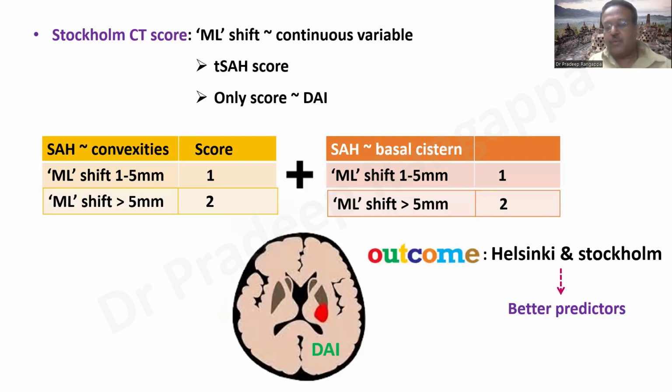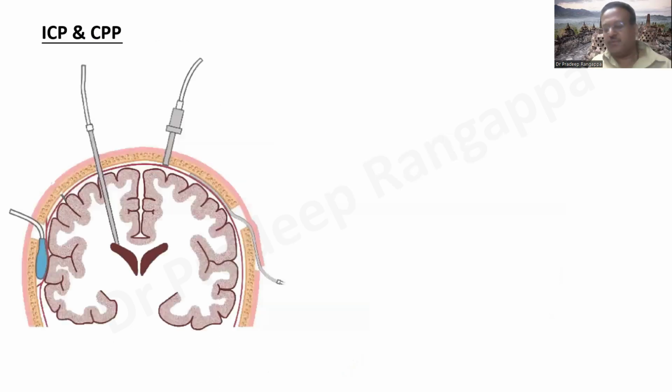So basically, they have found that the outcomes are better determined by Helsinki and Stockholm. So all these videos have been dwelled in a little detail in another video. So this is rushing into Rotterdam. So imaging, what we follow is very typically conventionally Marshall. But remember, there are other scores like Rotterdam, Stockholm, and Helsinki, which also have a good prediction. So if you remember that, that's good enough.